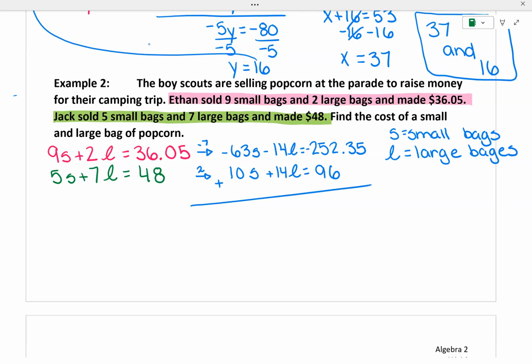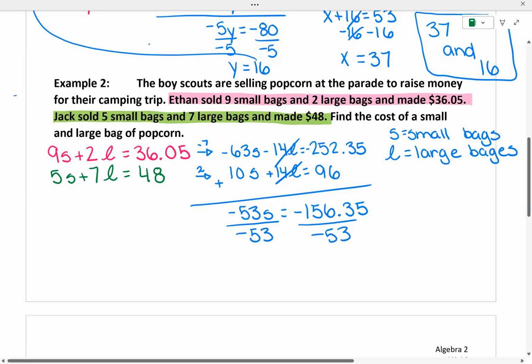So now I'm going to add this. So this gives us a -53S equals, and then -252.35 plus 96 gives us a -156.35. And then when we divide by the -53, S equals 2.95.